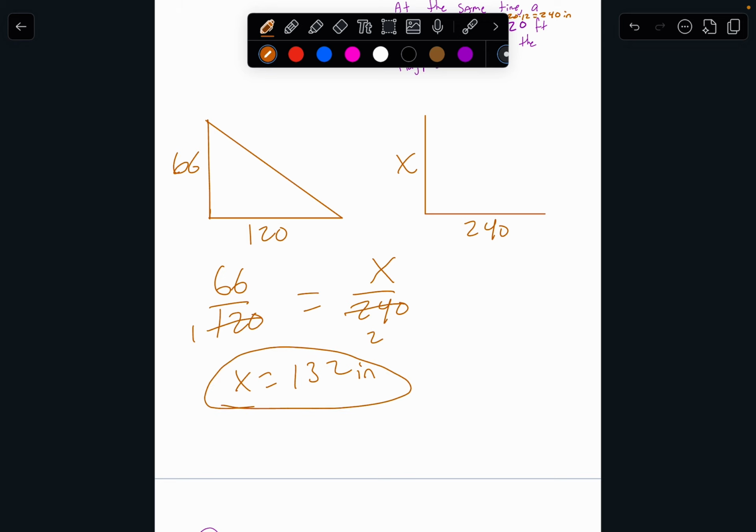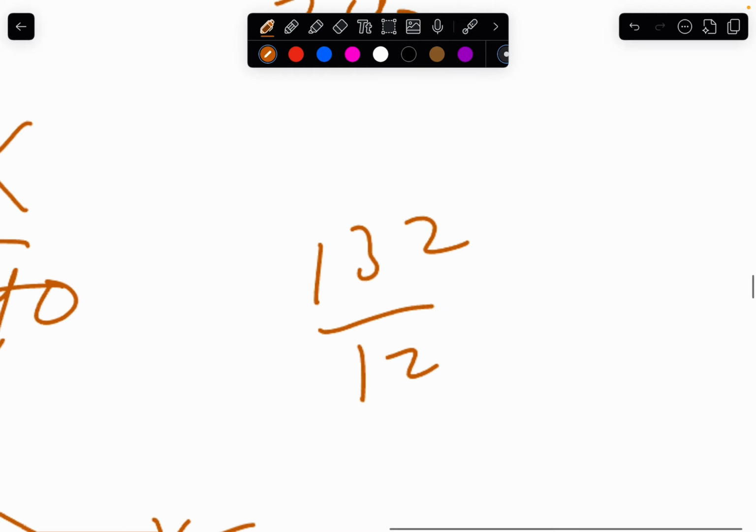What if the question said to answer it in feet? Well, you would do 132 divided by 12. Do we know 132 divided by 12? If you didn't, hopefully you do. If you don't, that's okay. Sometimes you don't know the full thing. We talked about this earlier. Break it down into numbers you do know.